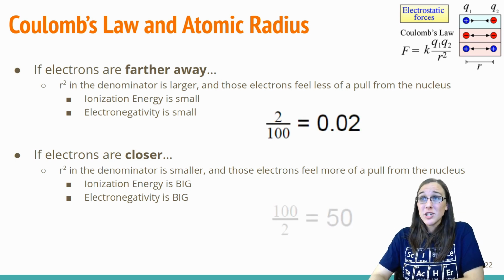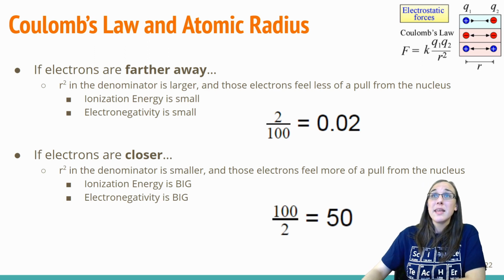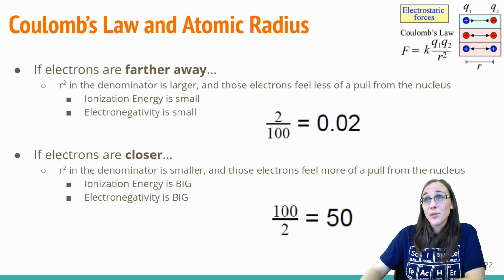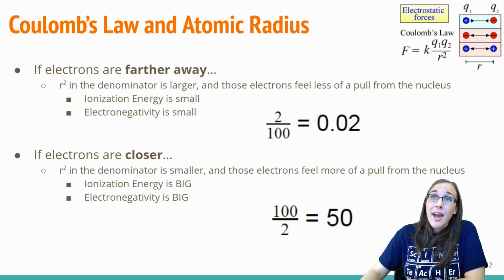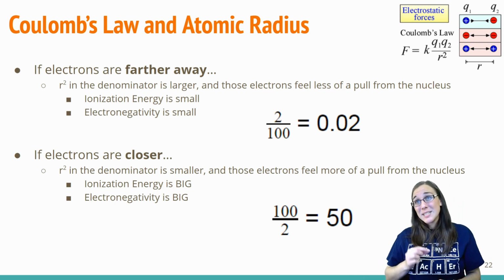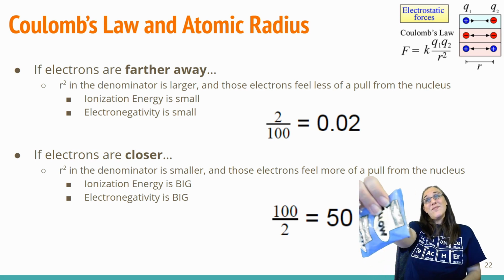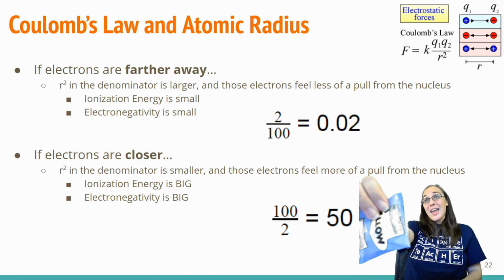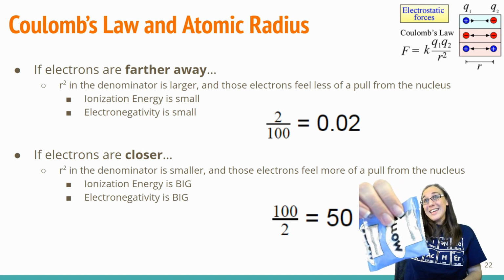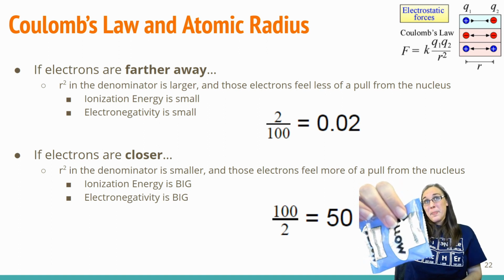So the way to visualize this with numbers would be that up here for Coulomb's law, the force would only be 0.02 if the charge was small, like the number 2, and the distance was big. So if there's only a really tiny small charge in the nucleus and the electrons are really, really far away, then that's when you have a small IE and a small EN.